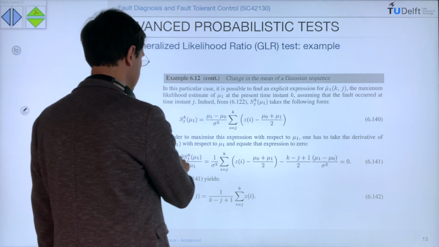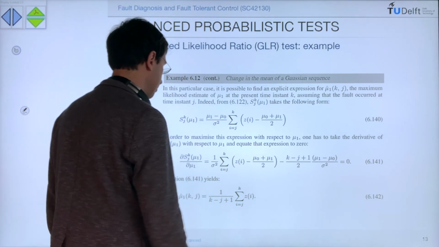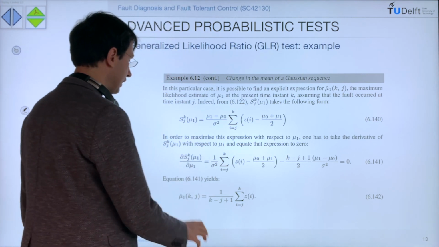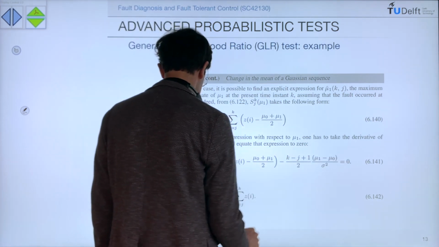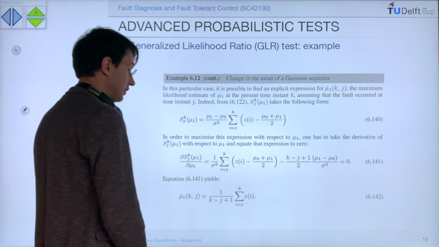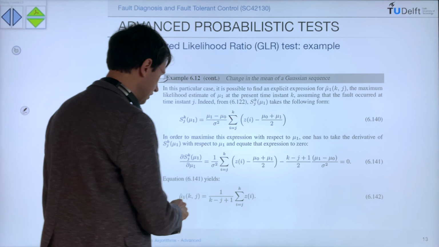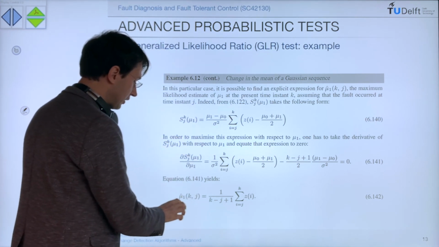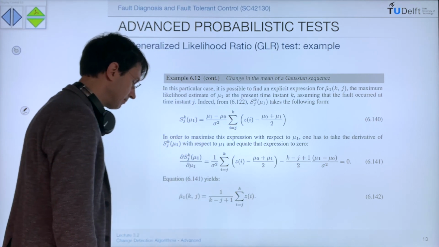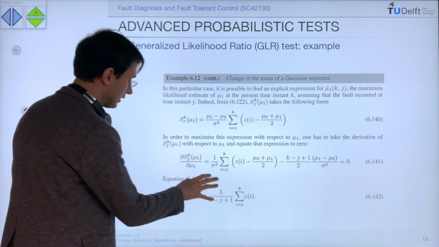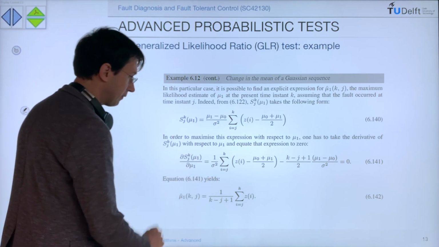In this case, the derivative with respect to mu1, the post-change value of the mean. And this can be solved, and then you get a solution. Well, you do the same also with respect to the change instant. You can get a solution. This is the example, the solution for mu1.